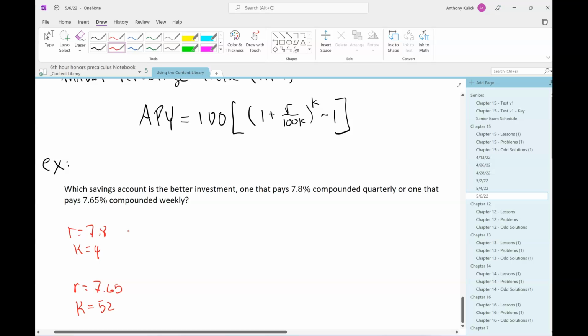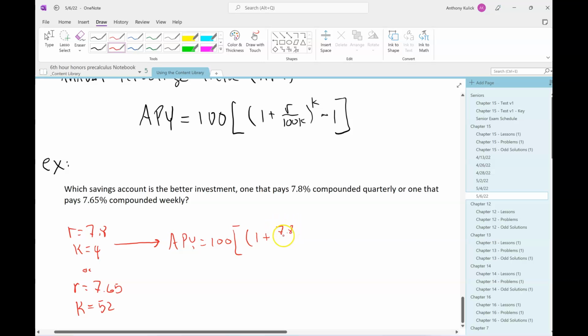So I have two options, right? So to figure out which one is better, I'm just going to calculate the APY for each of them. And how would I know from the APY which one would be better? Yeah, you just want the bigger one, right?